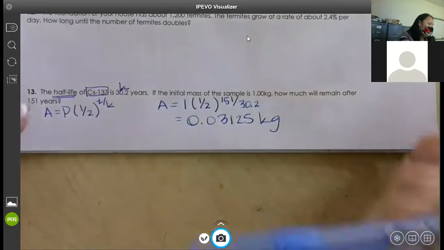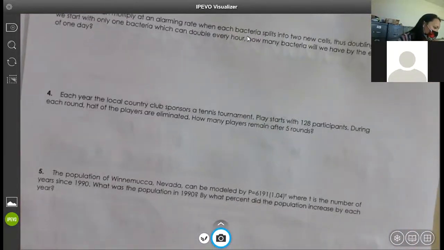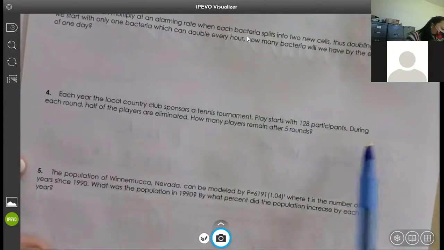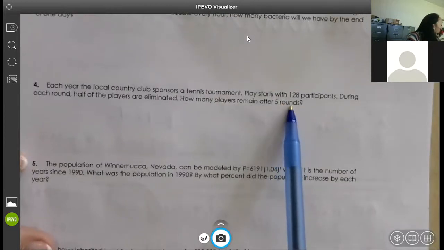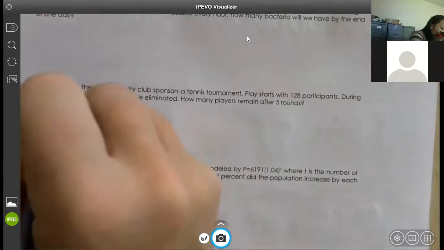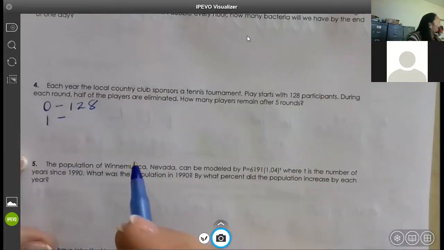Make sure there's not any more weird ones. You can do this one without plugging it into a formula at all. So we start with 128. After round 1, it says half the players are eliminated. So what's the number?